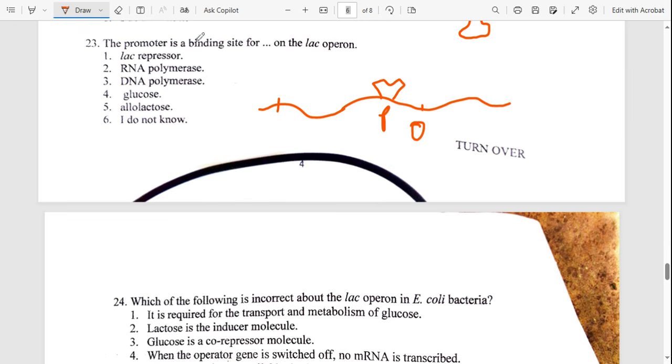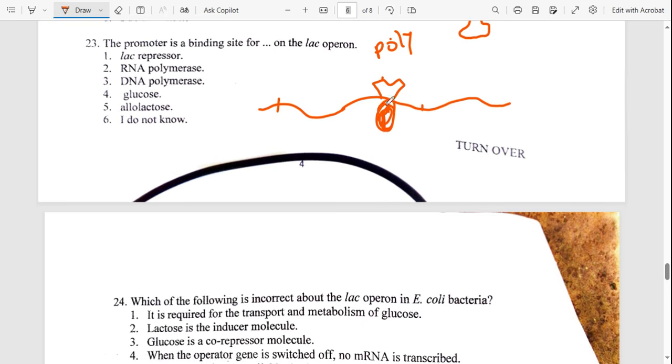Now, the repressor is actually a protein that is going to be produced. So, remember, when you're talking about transcription, we have a promoter. The promoter is where an enzyme is going to come and attach. But before this can happen, you are going to have a gate.